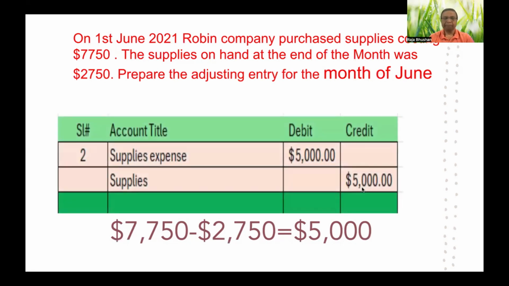So what is the entry? The entry would be supplies expense 5,000 debit, because we have used up that much of supplies. And why are we crediting supplies? Because supplies is an asset which has been used. To decrease the ending balance of supplies, we have to credit. Why are we debiting supplies expense? Because we have used it or spent it. So supplies expense debited, supplies credited. Supplies being an asset, to decrease the asset value, we credit. So this is the second entry.